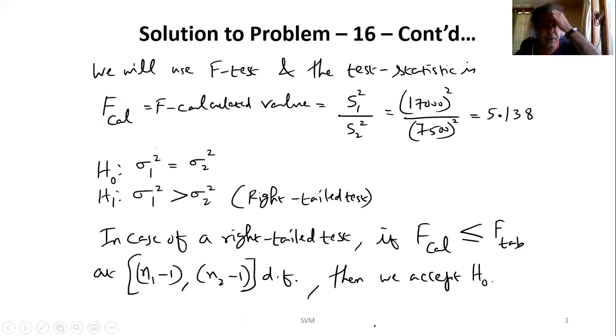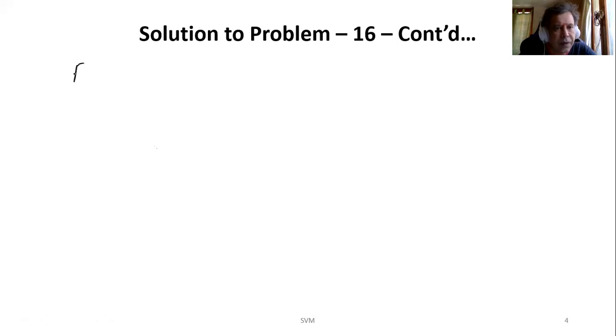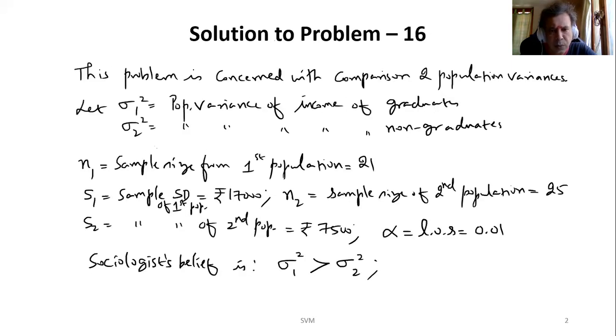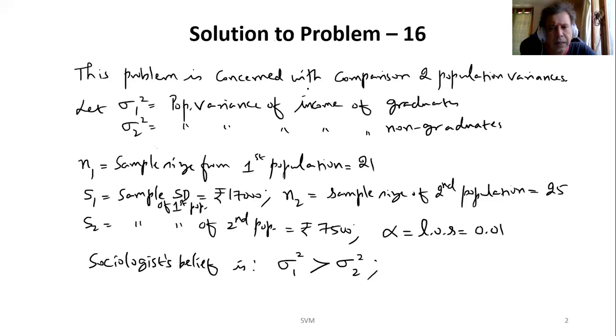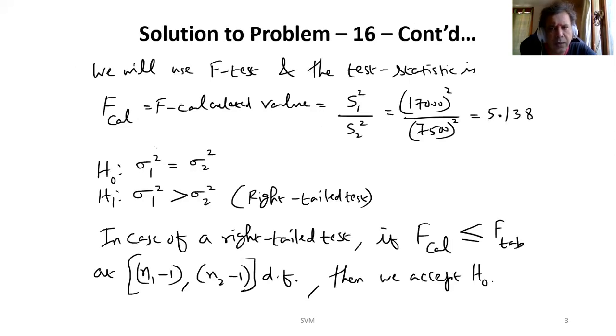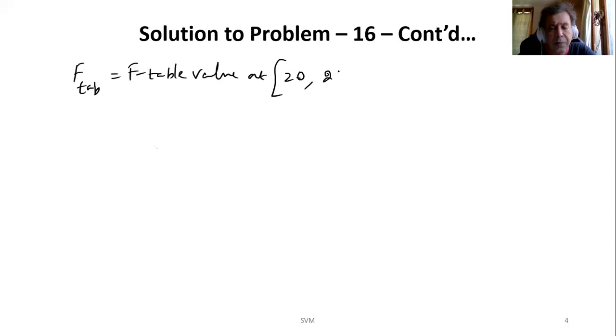So we need to now check what the F table value is. It is at n1 minus 1, which is 21 minus 1, 20 degrees of freedom, and then n2 minus 1, 25 minus 1, which is 24 degrees of freedom, at 0.01 level of significance.